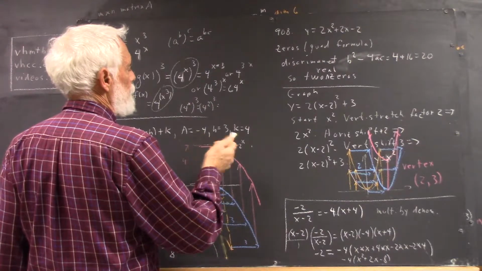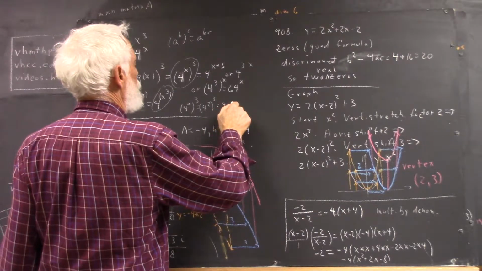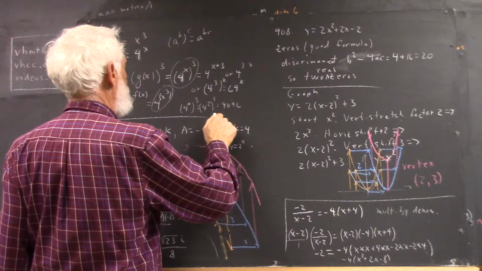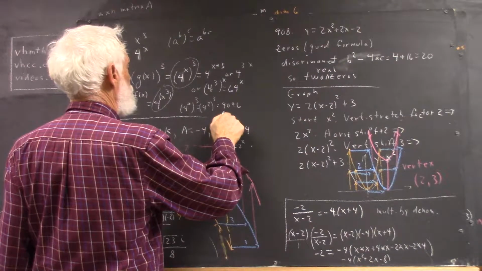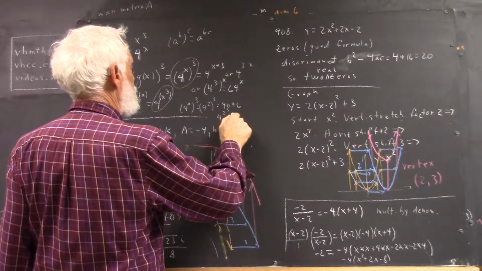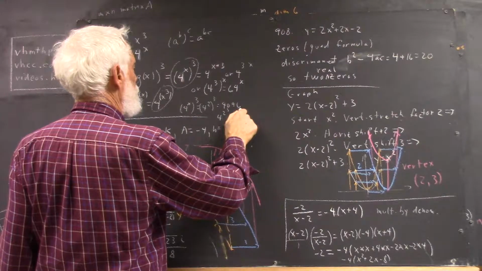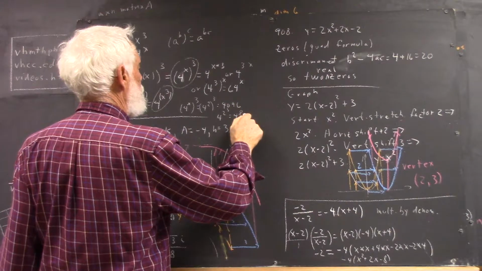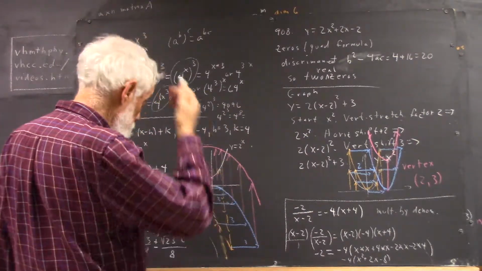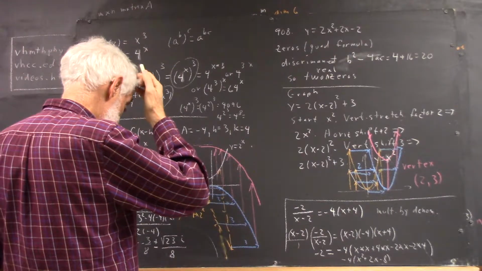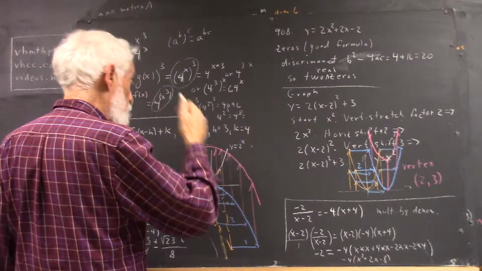That would be 4,096. Whereas 4 raised to the 2 cubed is 4 to the 8th, which is 2 to the 16th, which is 64,000 something.